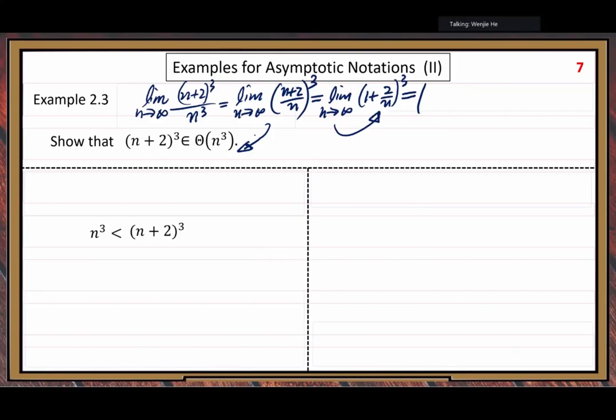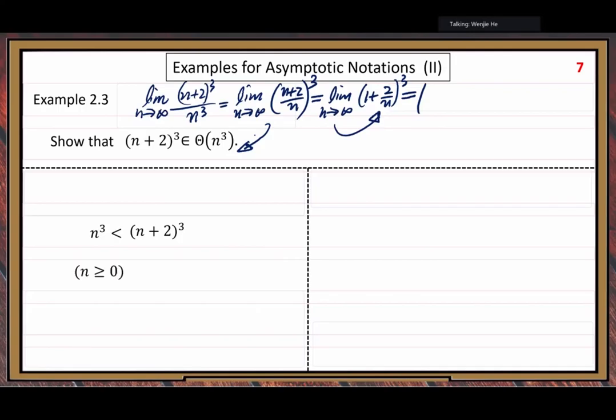If it's a negative number, then you may have a problem. Sometimes you have a problem, sometimes you're fine. But here, they are non-negative, so it's always correct.